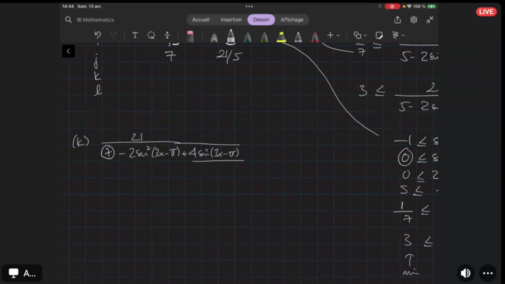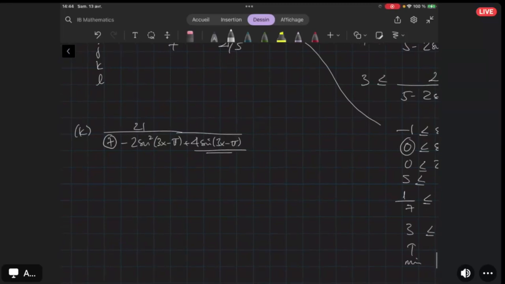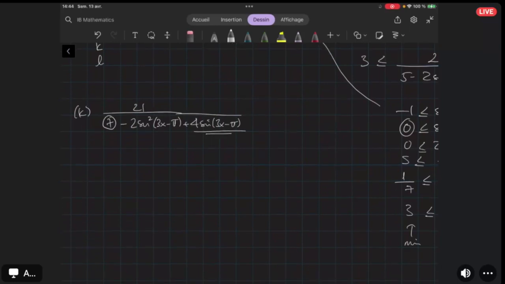The presence of 4 sine 3x minus pi throws everything off proportion. Would it work? I think it will also work. Yeah. No. Wait. I think you guys have a point. I think it would work. Though that would be quite a risky move, because you've got to justify your answer, right? It'll be a bit harder for you to justify.